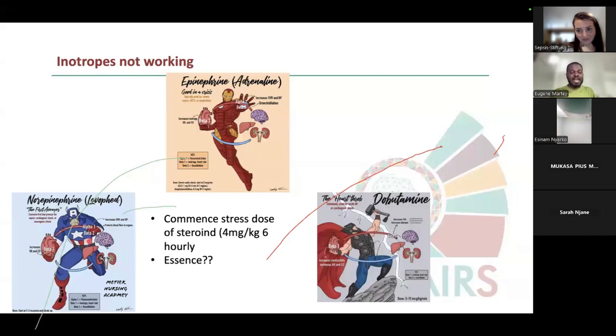Sometimes as well, you want to dampen the inflammatory response that is propagating all this sepsis process. And the last thing you need to think about is, does this patient have some adrenal insufficiency?